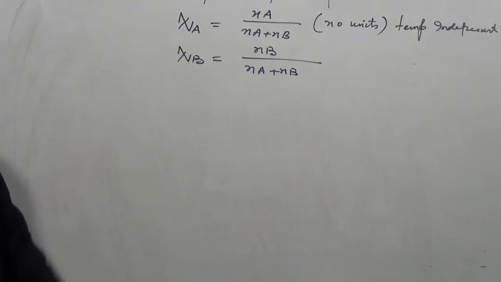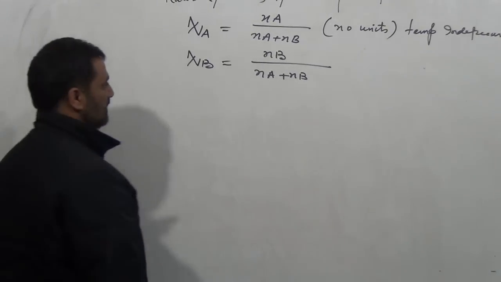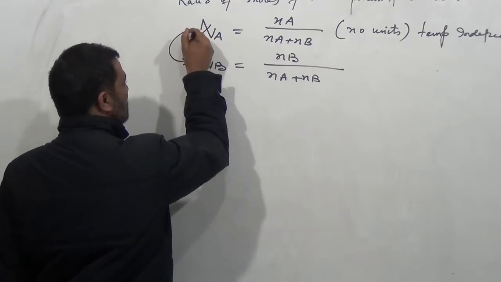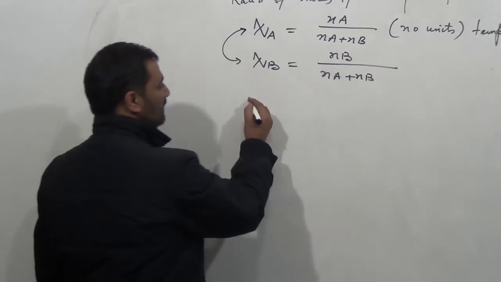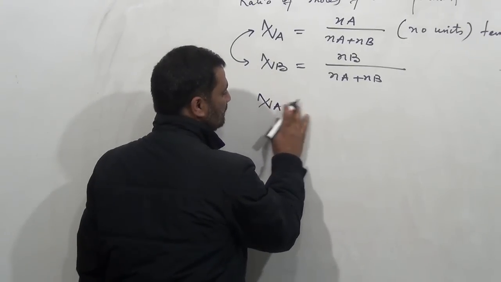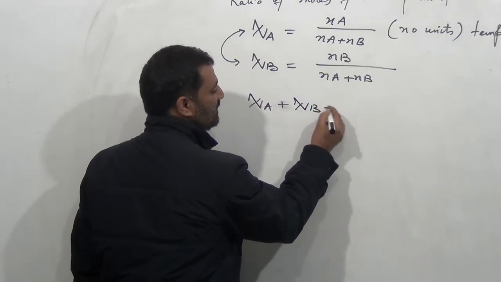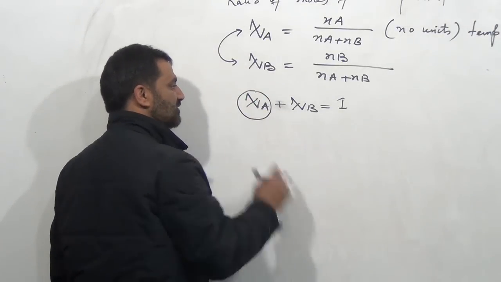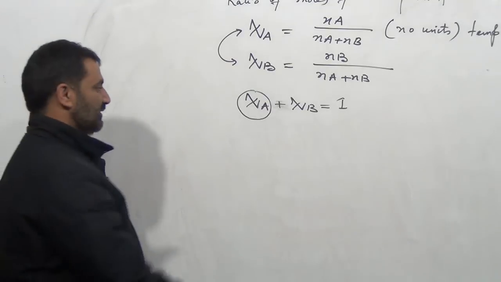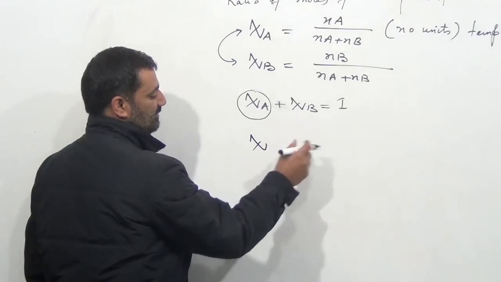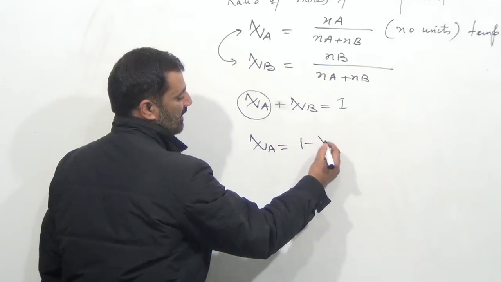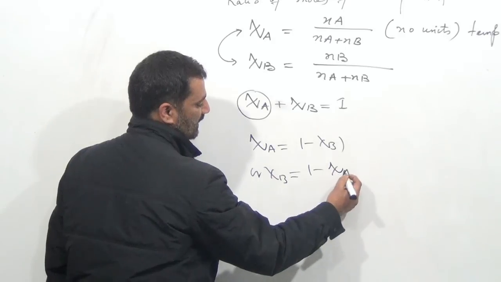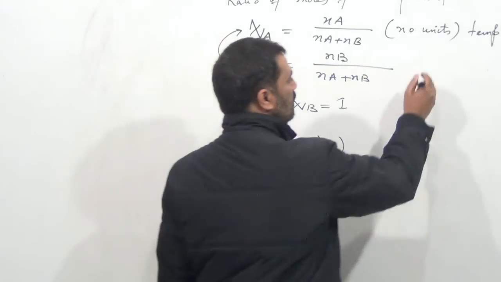So chi B is equal to NB divided by NA plus NB, and as I just told you, the sum of different fractions, chi A plus chi B, will always be equal to 1. So if one mole fraction is calculated, then the other can easily be calculated. Chi A is equal to 1 minus chi B, or chi B is equal to 1 minus chi A.